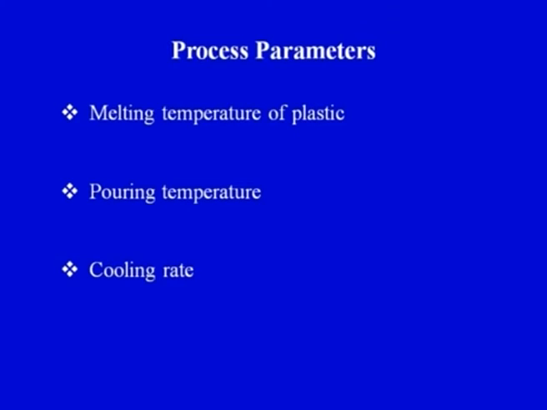Second important point is the pouring temperature, at what temperature we are going to pour the material, and finally how it will be allowed to cool, whether at room temperature or at a slightly elevated temperature or at a lower temperature. So these are the three important points that have to be taken into account, that is the melting temperature of the plastic, the pouring temperature and the cooling rate, the rate at which the cooling will take place.